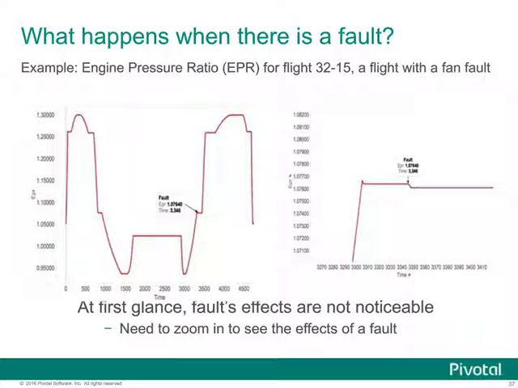On the x-axis we have time, and on the y-axis we have the parameter value, the engine pressure ratio. So again, it's very difficult to spot when a fault has occurred in the raw time series itself.